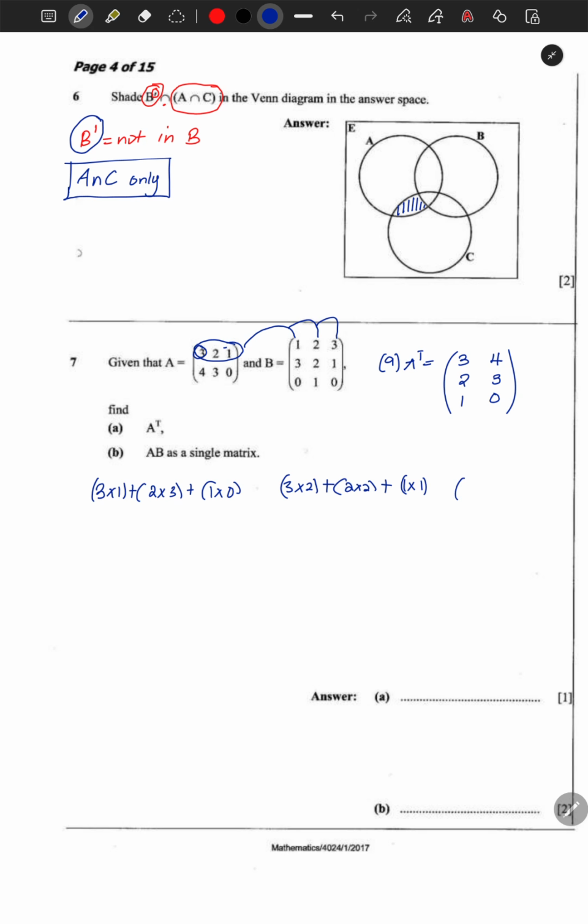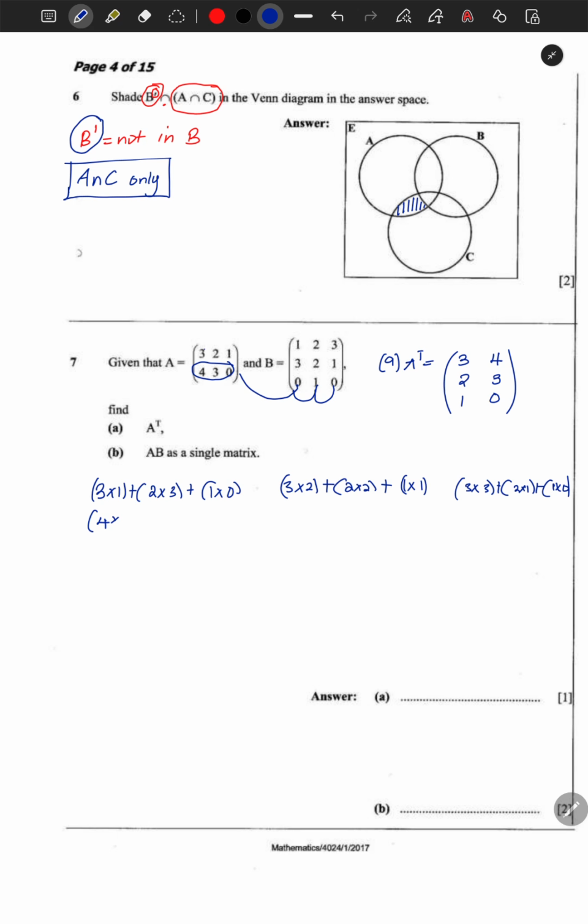Again we leave a space. This row should multiply the last column: 3 multiplied by 3, then 2 by 1, then 1 by 0. So we are done with that row, and we come to the next row, which again multiplies those columns. We will just be repeating the same numbers at the end; the only thing changing now is the numbers at the beginning, because we're dealing with the same columns but a different row.